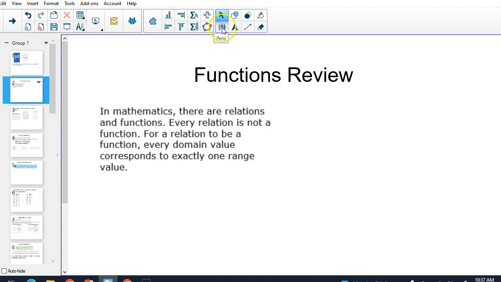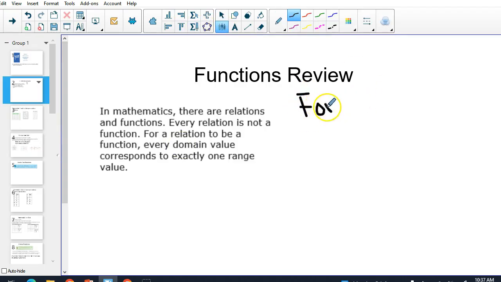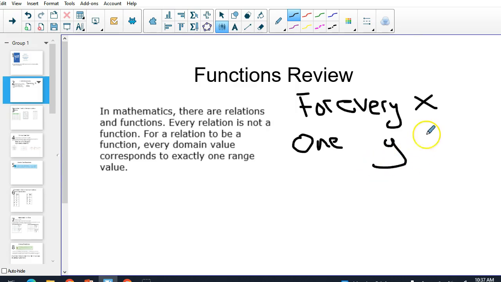What this means is that for every x, there is one y. Because if we recall, our domain values are x values, and our range values are y values. So, for every x value you have, we're only going to have one y value.